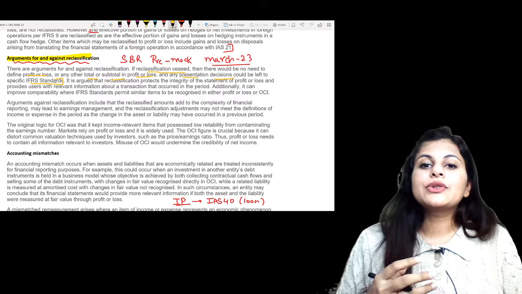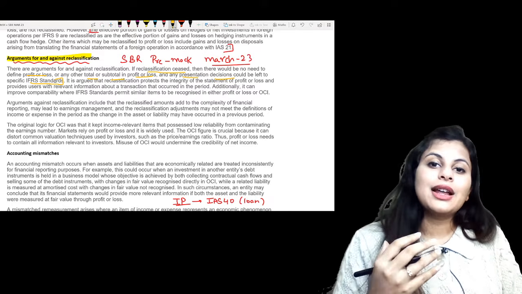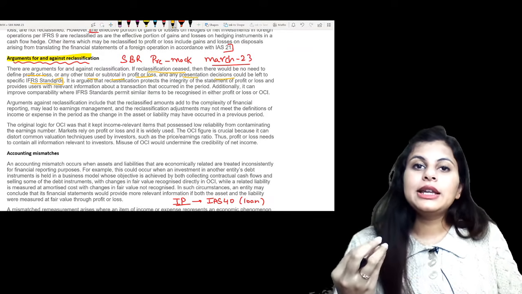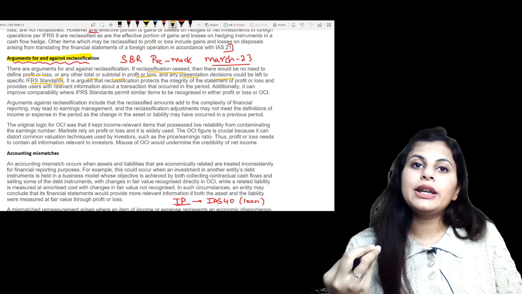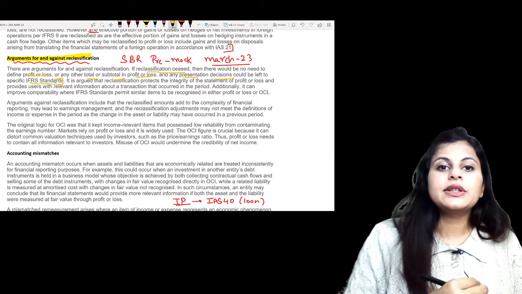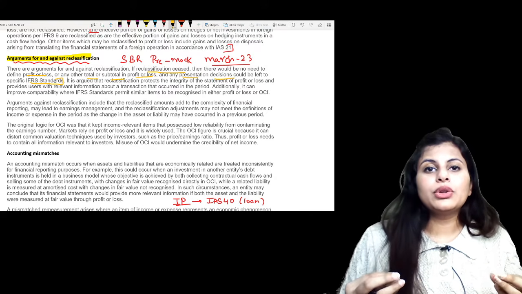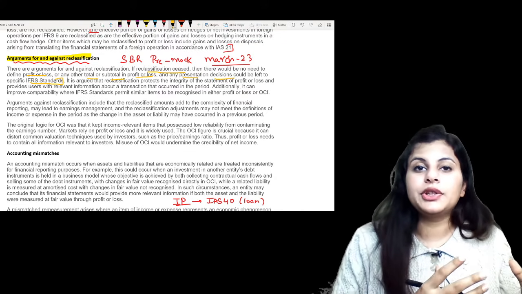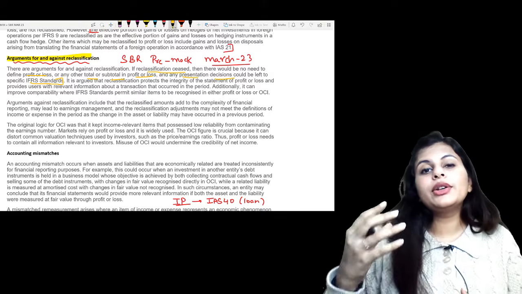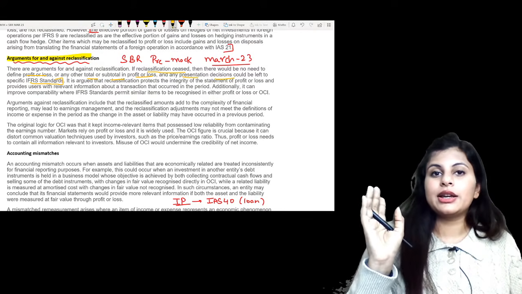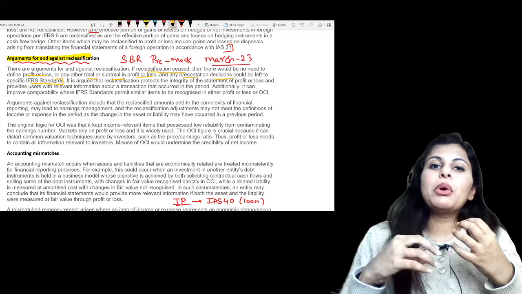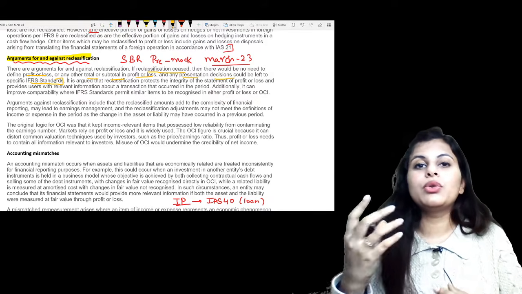So what they are trying to say here is that if we stop reclassifying, that means taking the gain or the loss which was recorded in OCI to P&L in future years, then there would be no importance of the profit and loss, because what went to OCI got dumped in OCI. So they say that it would always be left to the IFRS standard what goes into OCI.